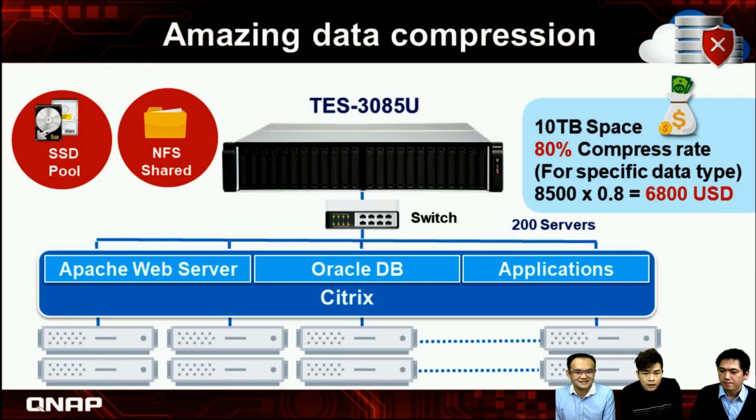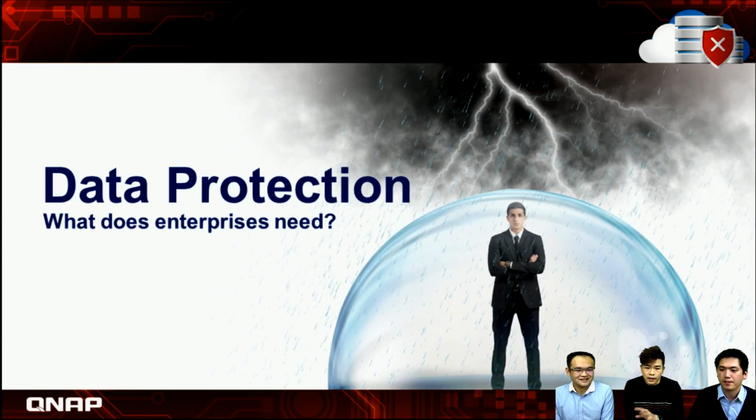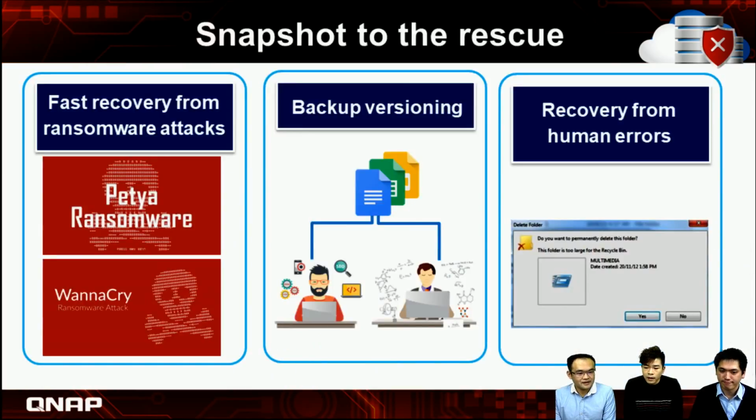Really true. That's it for the compression. Data protection is also what enterprises care about and consider when they are building their own storage. So I think Kevin, this is a snapshot, how you can imagine what snapshot can do. For example, in the last 2 years, there have been a lot of newspaper reports of ransomware attacking IT environments.